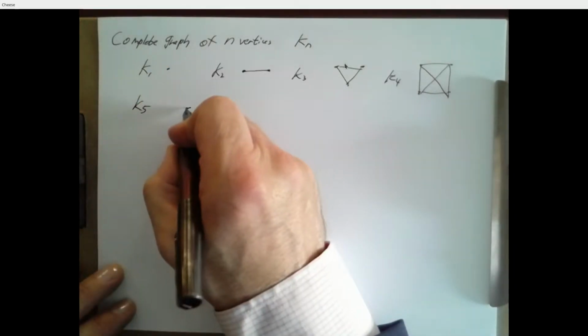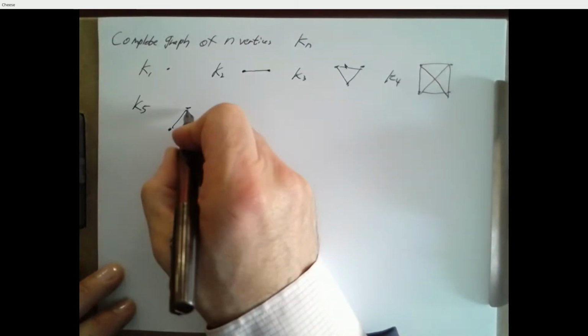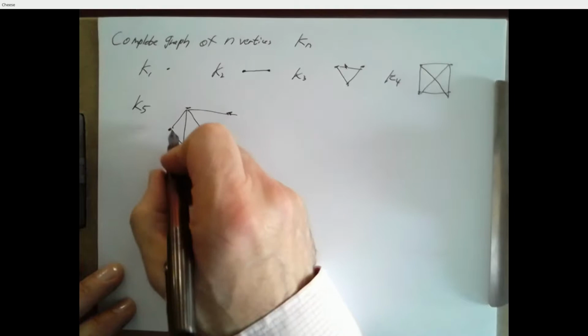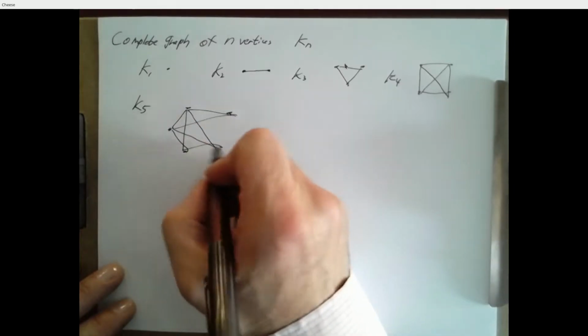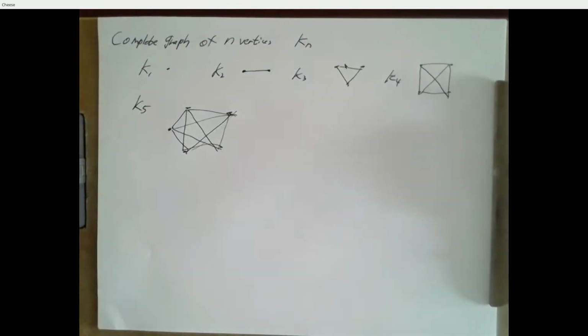So K5. Alright, so complete graph of n vertices. You have n vertices, and any pair of vertices, there's an edge between them.